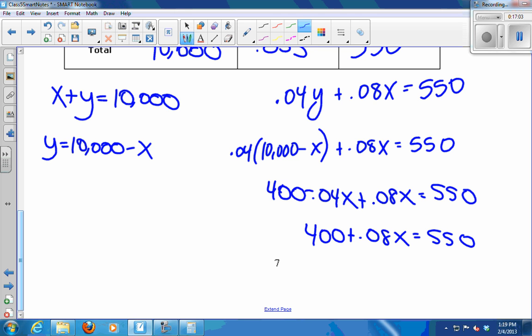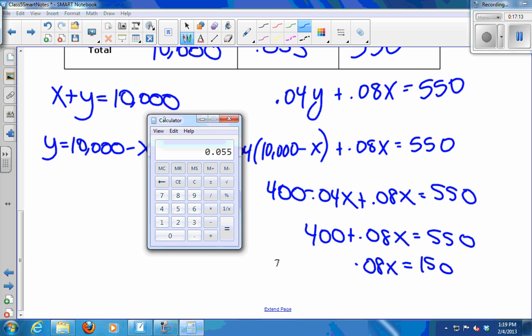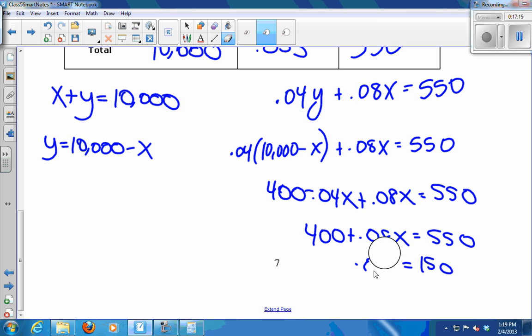Subtract 400 from both sides, and divide both sides by 0.04. Yes, thank you. Because negative 0.04 plus 0.08 should give me positive 0.04. I think I said it and wrote something different.